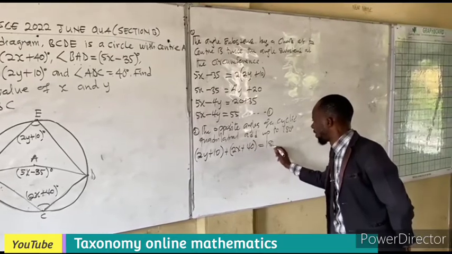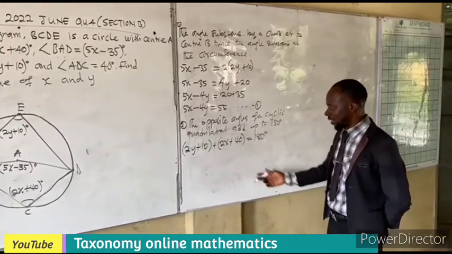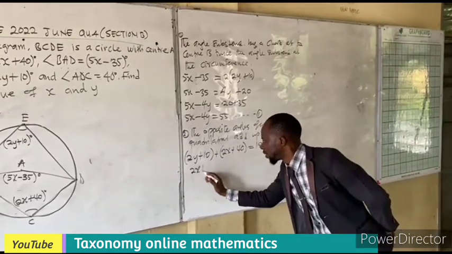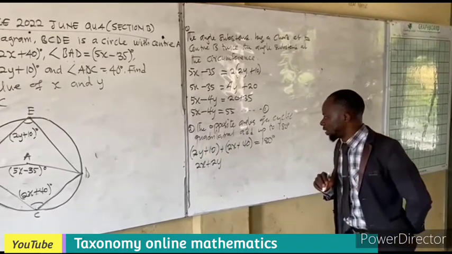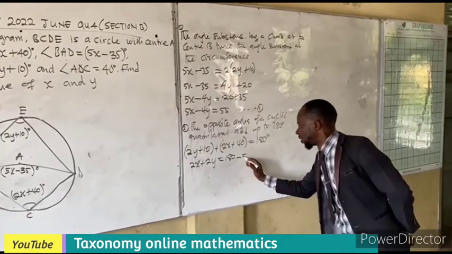These two angles must give 180 degrees. So fast forward, we can remove the bracket and say that 2x plus 2y plus 50 equals 180.